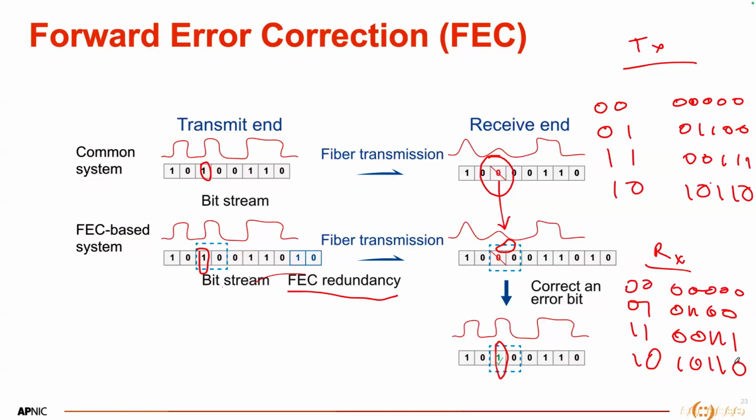So if you take a look at the transmit end, so 10, 10, 01, 10, right? So actually the transmit side will be sending 10110, then 10, same 10110, then 01. 01 means 01100, then 10 means 10110.